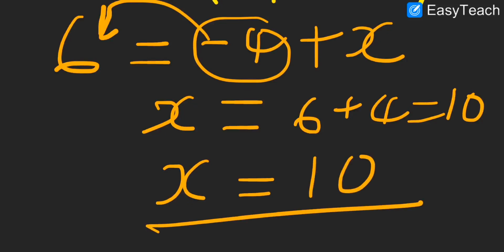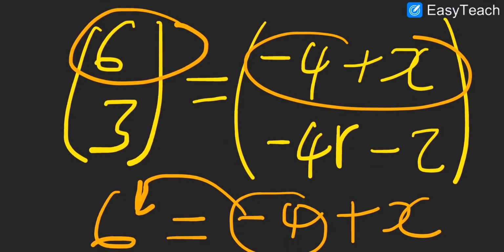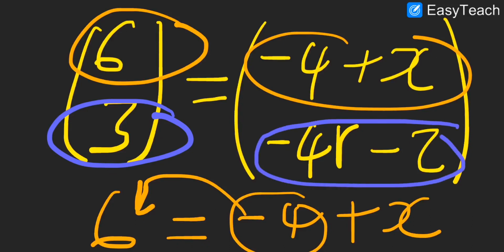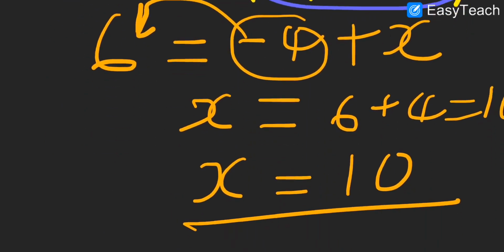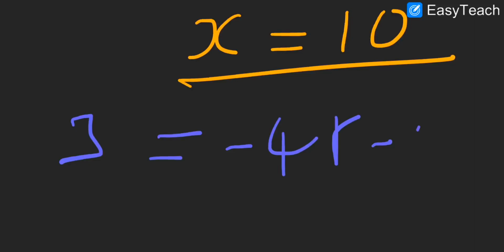This is the value of x. Because this is an equal matrix, I compare again: this 3 must equal negative 4r minus 2.